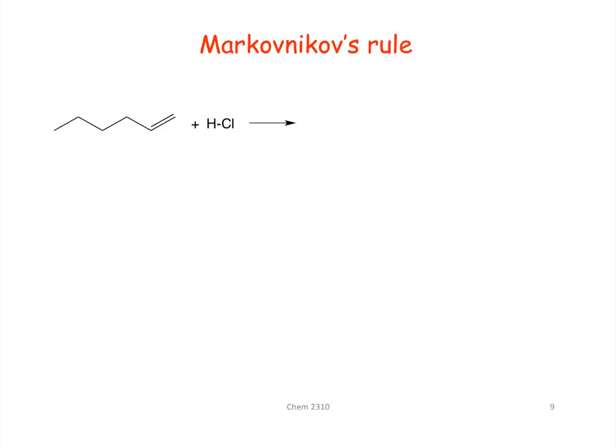So let's follow through this step. Again, the pi bond will attack the proton, and the electrons will go over to the chloride. This is going to form two possible carbocations. We could add the H to the end, and it would form a carbocation here, a secondary carbocation.